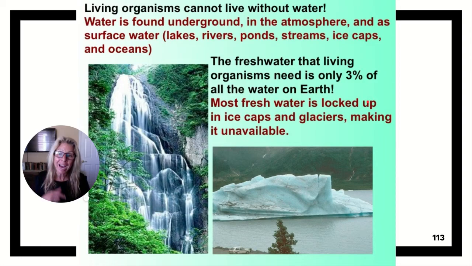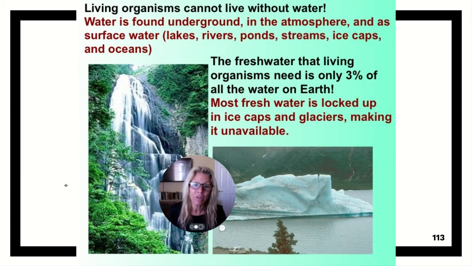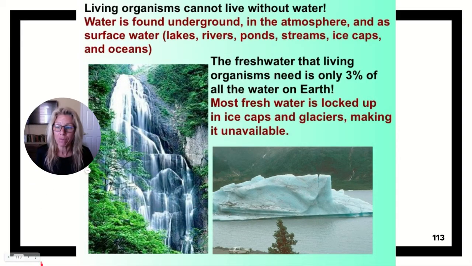And most of that is found in glaciers and is inaccessible. We do not want to melt these glaciers. We need these glaciers. But that's where most of the fresh water is located. On your notes, you can skip down underneath water cycle where it says human activities. Only 3% of the world's water is fresh water.